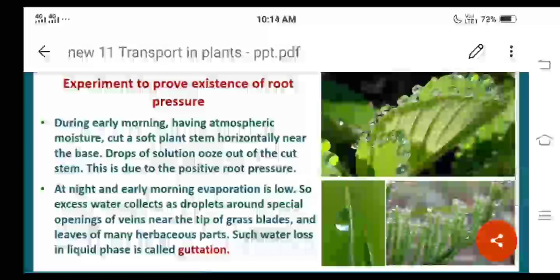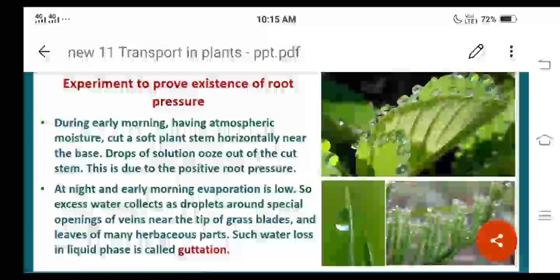And when does guttation occur here? At night and early morning when the evaporation or transpiration rate is low, okay. Because of this, the excess water collects as droplets around the special openings. Special openings means what here? I told you, the hydathodes, or they are also called water stomata.